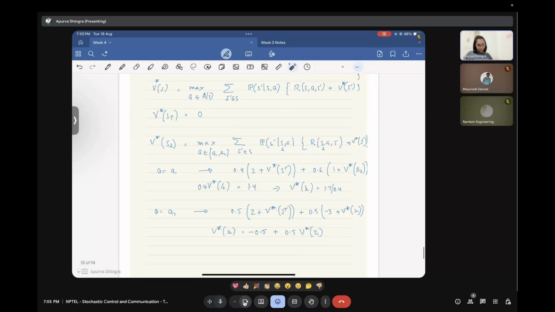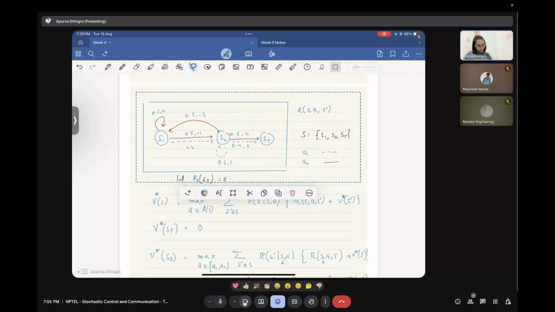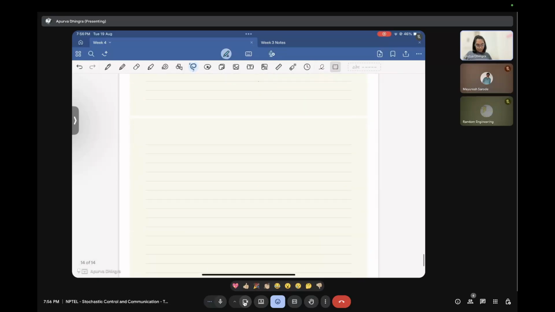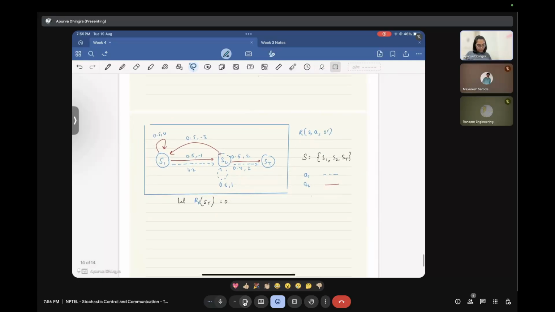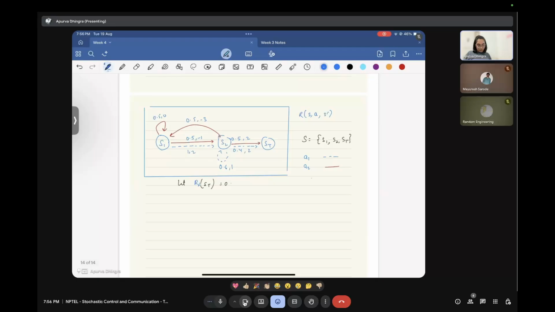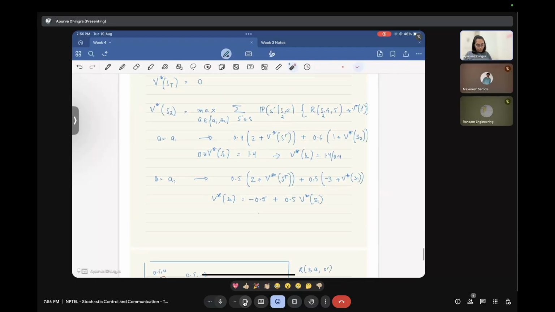Okay, I'll just copy the diagram again. Okay, so conclusion here is we couldn't resolve which action should have been taken from S2.